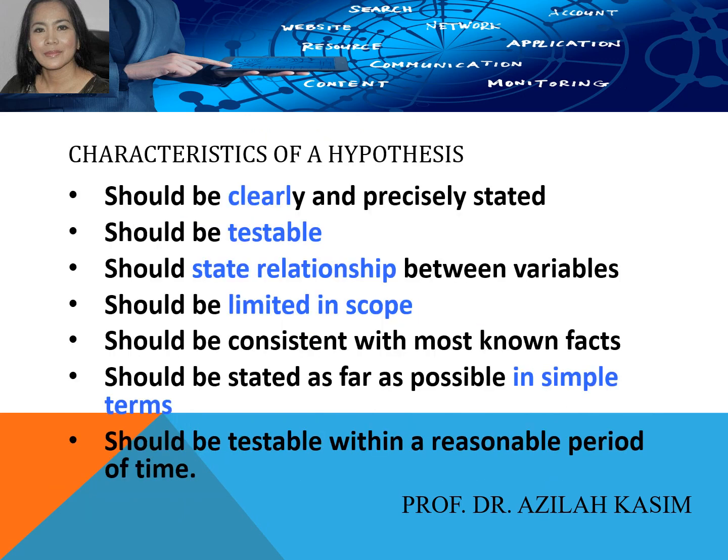So a characteristic of a good hypothesis is that it must be clearly and precisely stated. All through writing up a proposal or research report, clarity is very important. Clarity of writing is very important, so that it is easy for readers to understand what you meant to say.